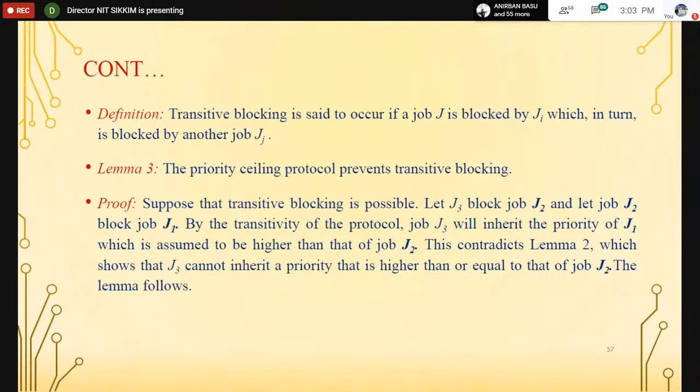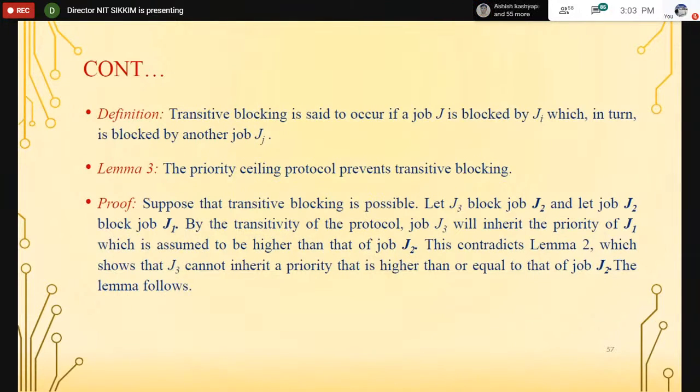So this property is very important as far as avoiding the chain of blocking is concerned. If this property is not satisfied, the chain of blocking problem cannot be prevented in the system. So we have derived a property for the priority ceiling protocol to avoid chain of blocking, and we have proved that there is no chain of blocking in the system, and that too mathematically, not by simulation.